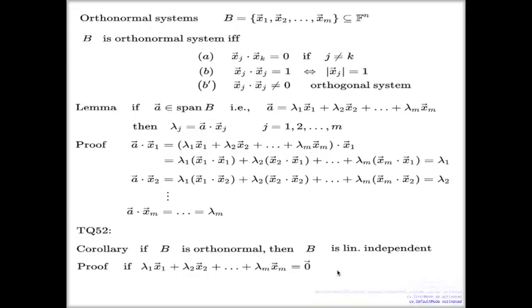So now I can immediately say that the lambda 1 coefficient, through this formula, is a dot product of 0 and the x1 vector. No matter what x1 is, the 0 vector will always make it 0. The lambda 2 coefficient, for the same reasons, through this identity, is a dot product of my 0, which plays the role of the A vector, and the x2 vector. It is 0 again. And the rest works the same.